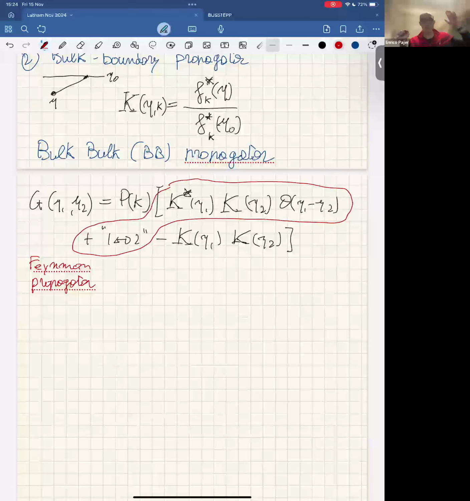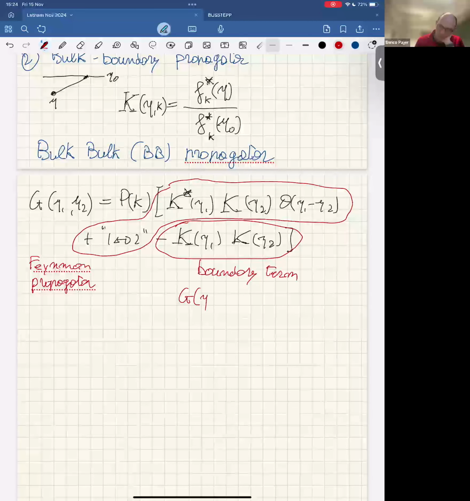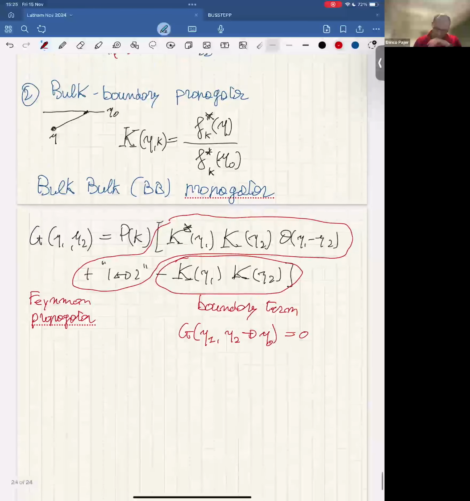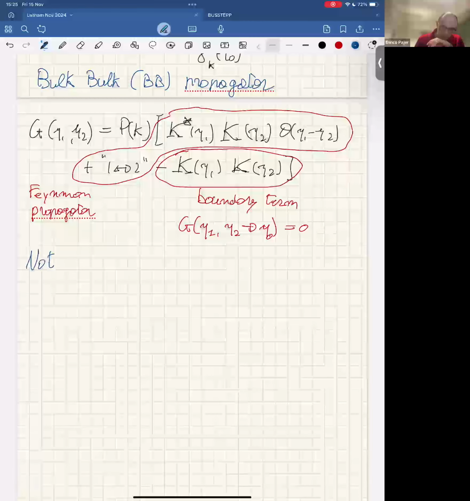Since it's inside the time order, there should be a Feynman propagator. Well, this other term here is called the boundary term. And that's responsible for ensuring that this propagator vanishes when either of the times is taken to the boundary. Notice that this propagator is symmetric.